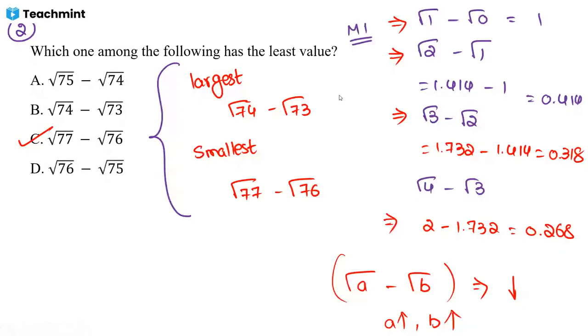Fine, okay, then what you can do, this is root 75 minus root 74, root 74 minus root 73, like that they have given, right? Okay, now we can do rationalization. If you do root 75 minus root 74, you can multiply with root 75 plus root 74 and divide with root 75 plus root 74.